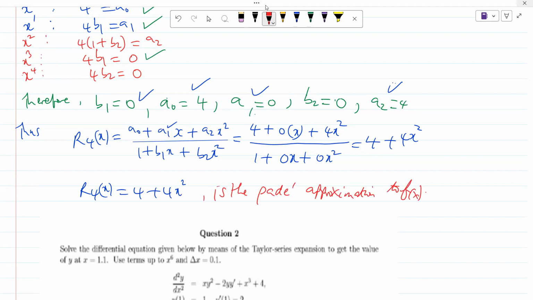All right. Now we have got the Pade approximation to f of x, and we appear to be doing pretty well, and we are most certainly in business.